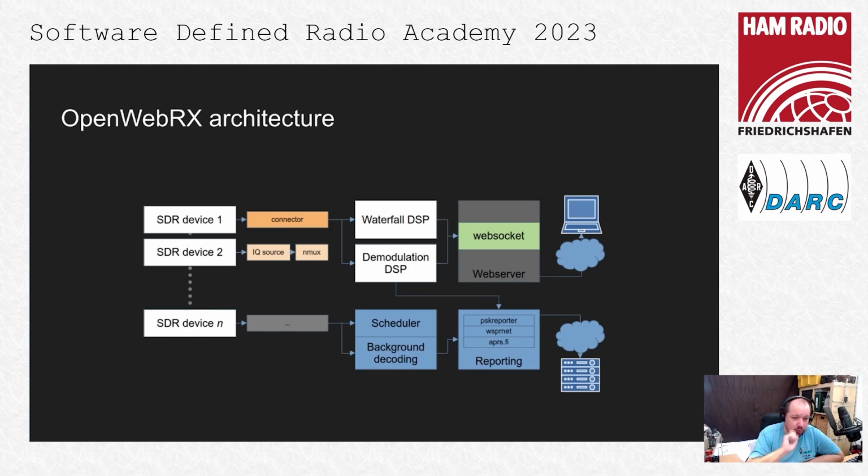We have a waterfall DSP that does the FFT transformation, averaging, and basically it transforms the IQ data into waterfall data. That waterfall DSP runs only once per device and is then distributed across all users.